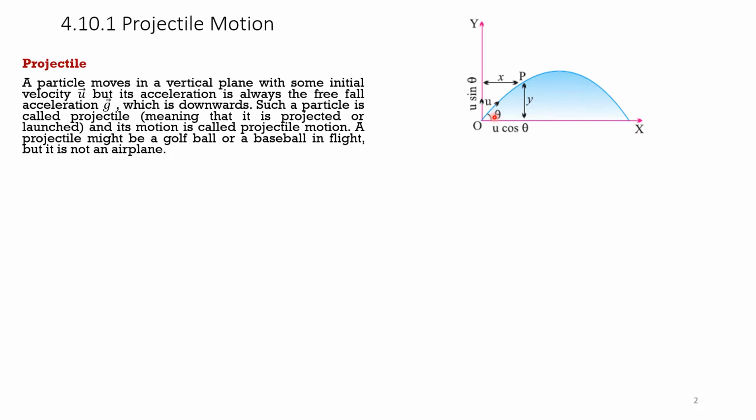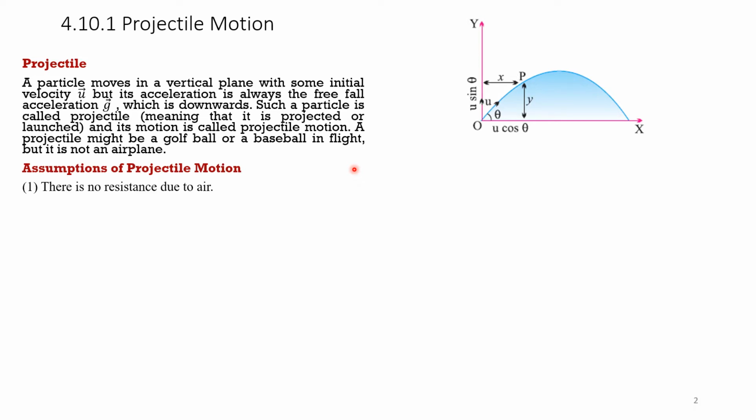One of the important examples of projectile motion might be a golf ball or a baseball in flight, but it is not an airplane because an airplane operates on fuel. There are certain assumptions of projectile motion.